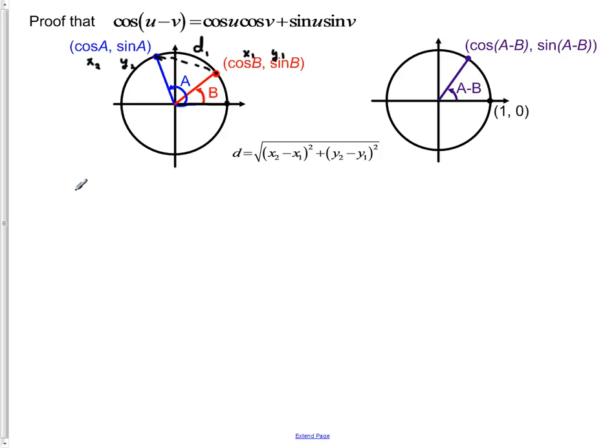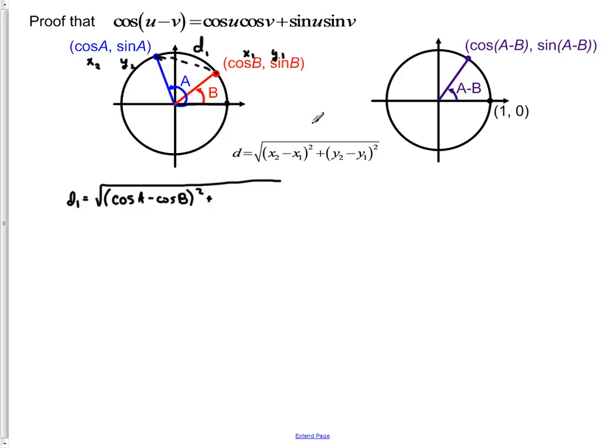Well, in our case, d1, this distance that we get up here, is equal to the square root of the difference in our x coordinates. So we're going to go x2 minus x1. So that's cosine of A minus the cosine of B, squared.